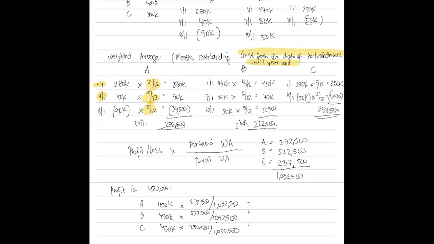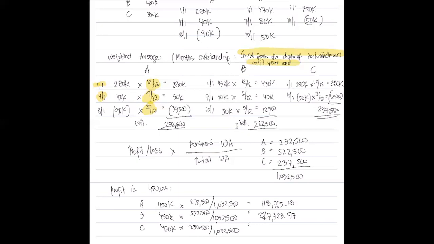So 272,500 divided by 1,032,500 times 450,000. So we have here 118,765.13. Next, 522,500 divided by 1,032,500 multiplied by 450,000, we will get 227,723.97. Next, we have 237,500 divided by 1,032,500 multiplied by 450,000.